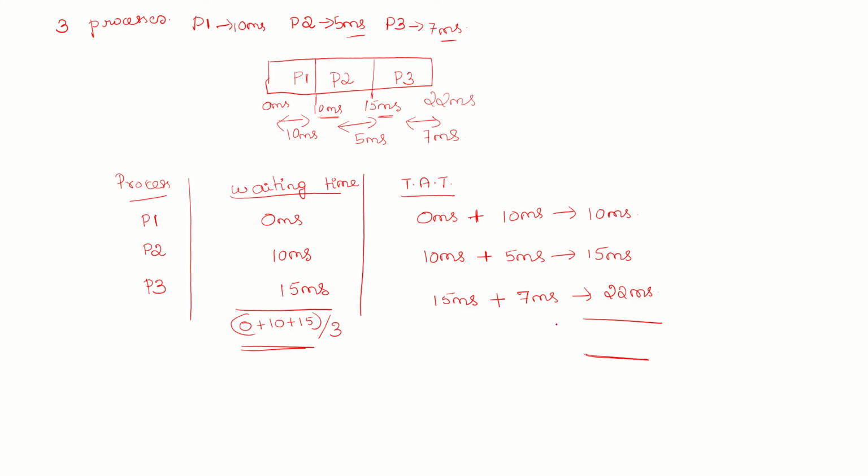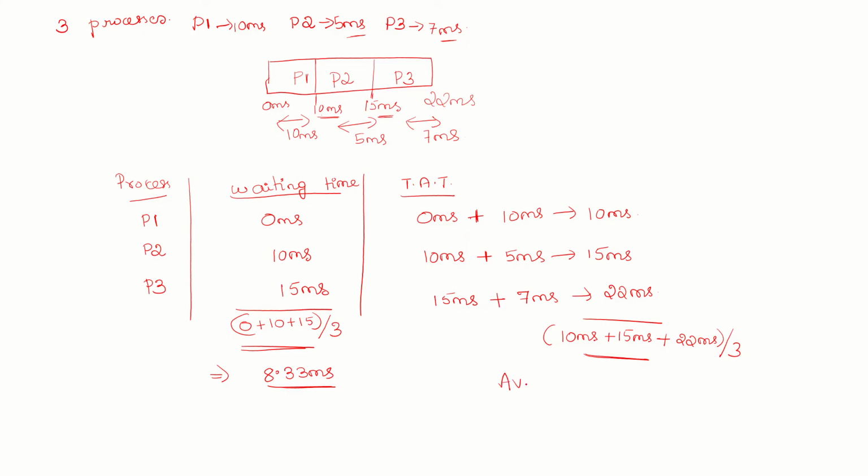Here it is 10 milliseconds plus 15 milliseconds plus 22 milliseconds divided by 3. If you calculate this using your calculator, you will get around 8.33 milliseconds. If you have a calculator, you can verify it.